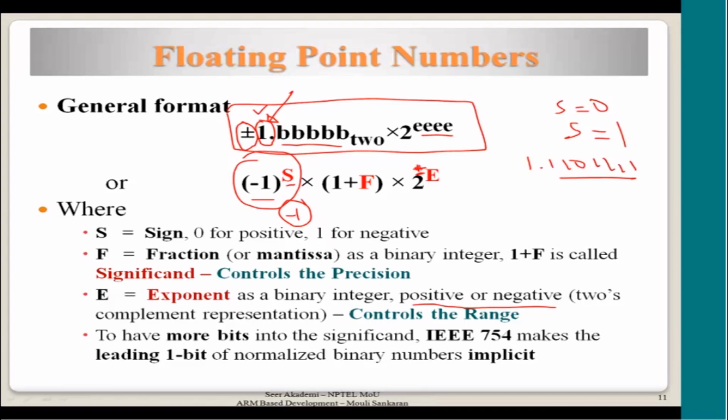I told you this whole thing is added by finding 1 by 2 plus 1 by 2 power 2 plus 1 by 2 power 3, and so on. Suppose I have up to n digits, then I will have plus 1 by 2 power n. You agree?